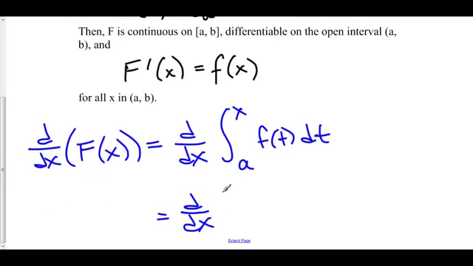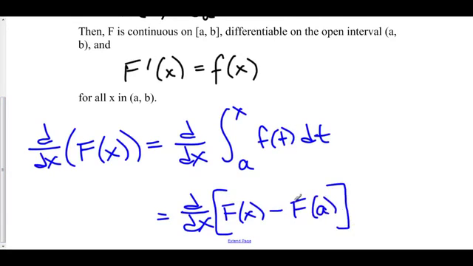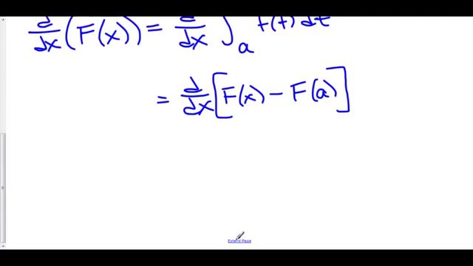So this is the derivative of big F of x minus big F of a. And this right here is using the fundamental theorem of calculus, part 2. Now, we already said that the derivative of big F of x is little f of x.